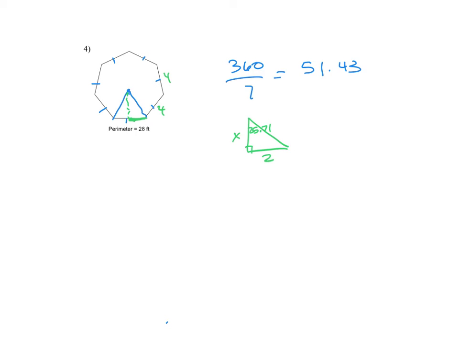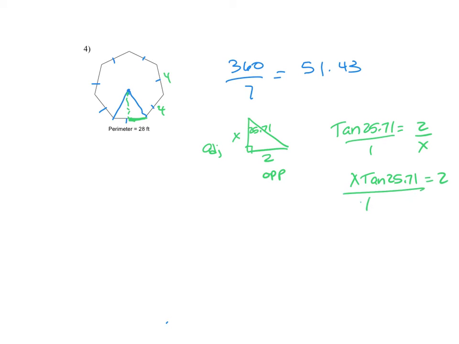So now this is opposite, again, and adjacent. We're using tangent a lot for these because it's coming out of the center. And so we have tangent of 25.71 equals 2 over x. Same thing, x tangent of 25.71 equals 2. Divide by tangent of 25.71.